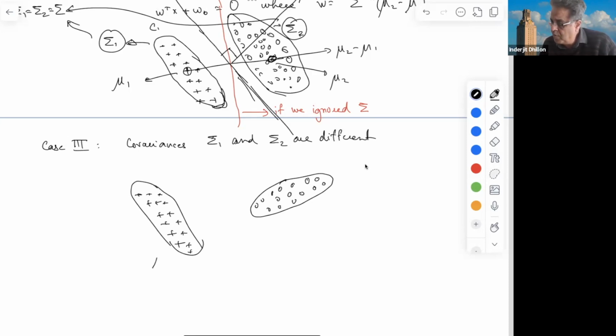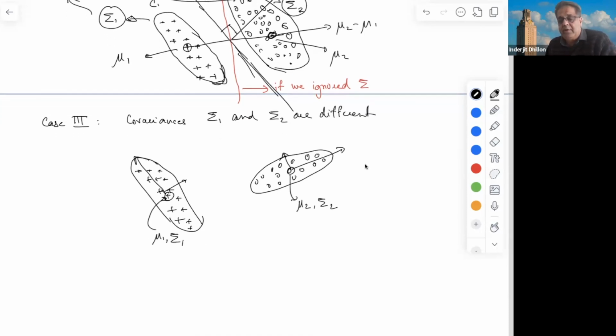Okay, so I have mu1, sigma 1 over here. So mu1 would be some point over here, and this is sigma 1. So the maximum eigenvector of sigma 1, second maximum, and of course, this could be in d dimensions. Similarly, I have, let's say, mu2, and then I have sigma 2, maximum eigenvector of sigma 2, next one, and so on.